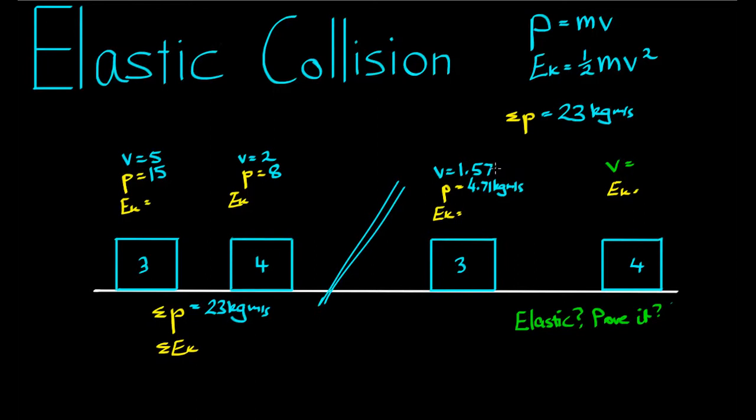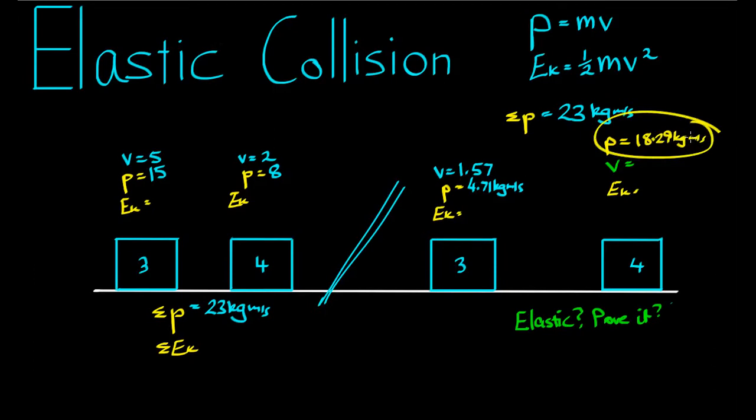Since the net momentum is 23 and this box contributes 4.71 kilograms times meters per second, the momentum of this block over here must contribute the rest. So the momentum of this block is equal to 23 take away 4.71, which is equal to 18.29 kilograms times meters per second.